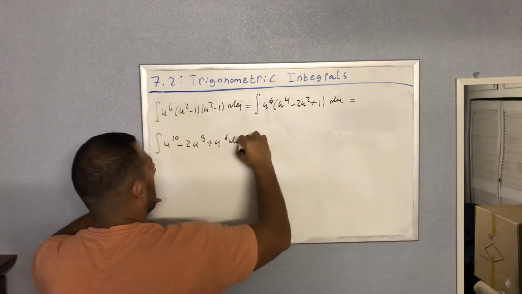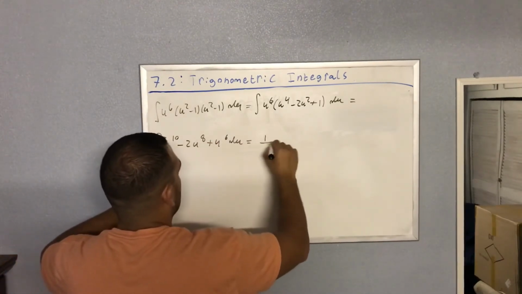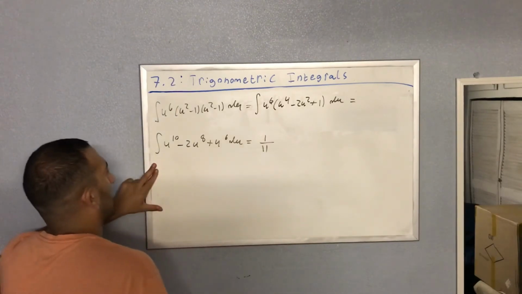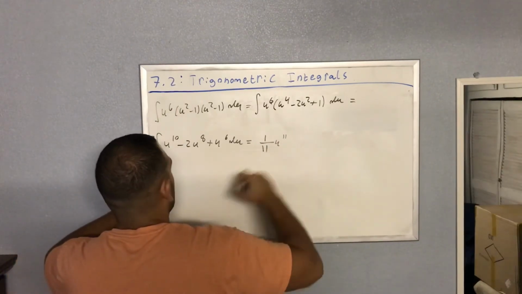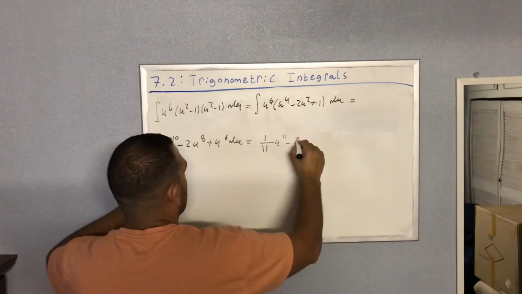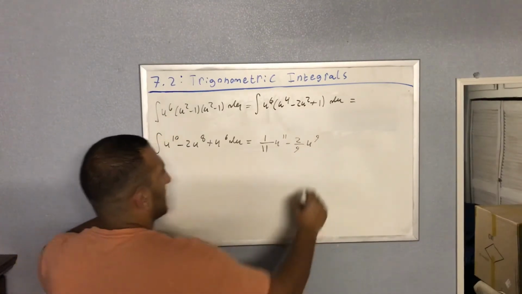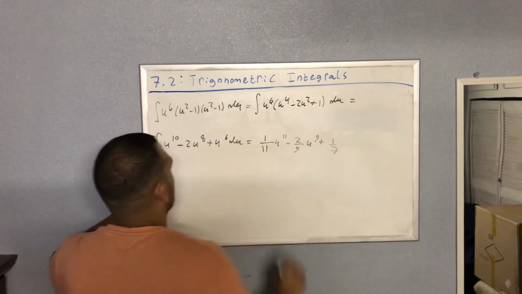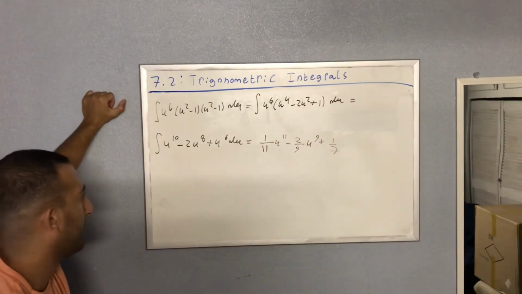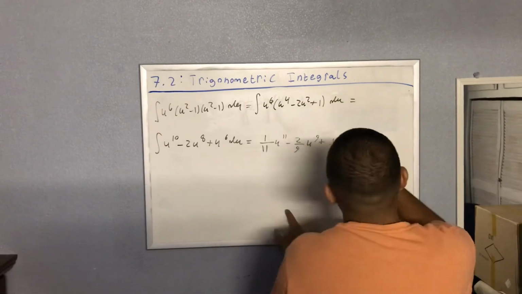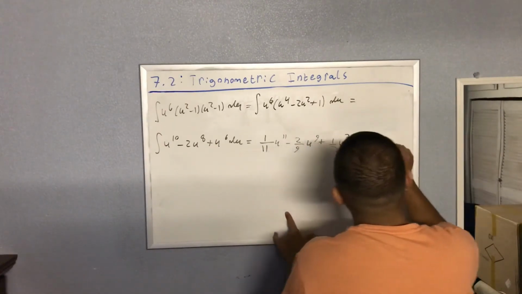And then power rule gives 1 over 11 u to the 11 minus 2 over 9 u to the 9 plus 1/7 u to the 7th plus c.